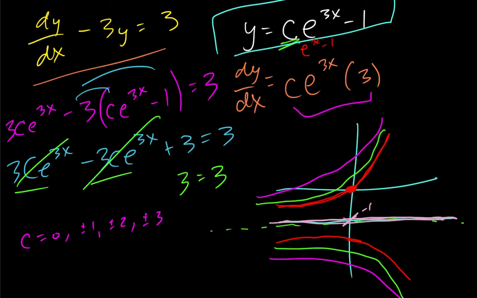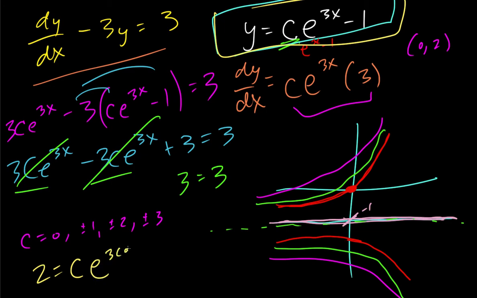So find the particular solution which passes through 0, 2, and we'll just take this thing in the box, plug in a 0 for x and a 2 for y. So 2 equals c e to the 3 times 0 minus 1.